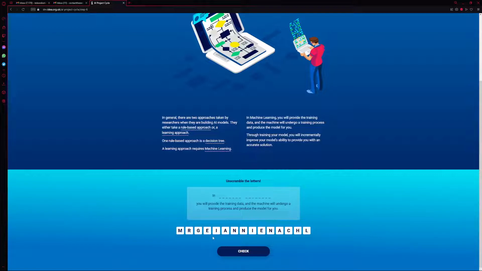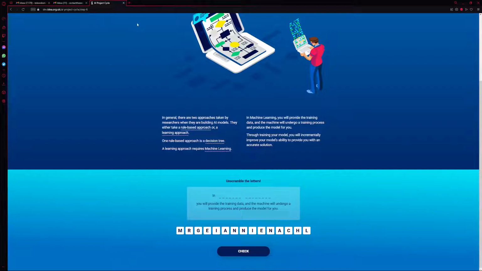I'm not sure. Unscramble the letters. What is it? What are we trying to spell here?